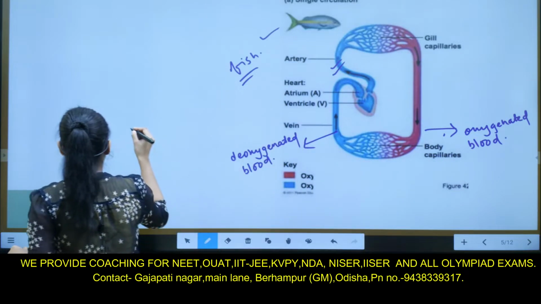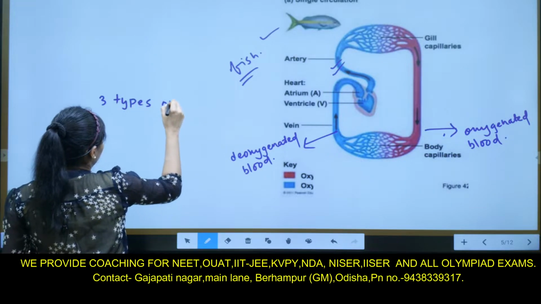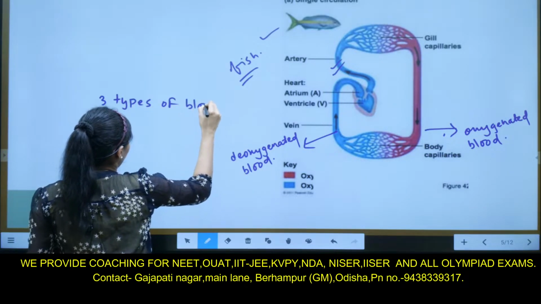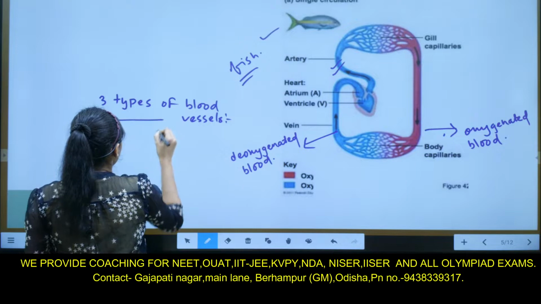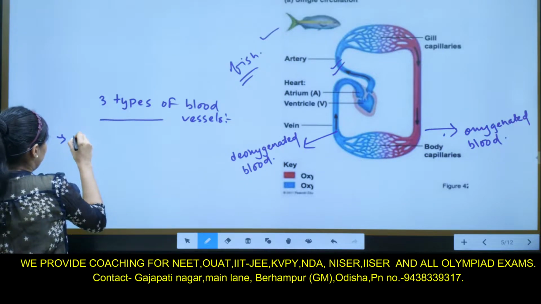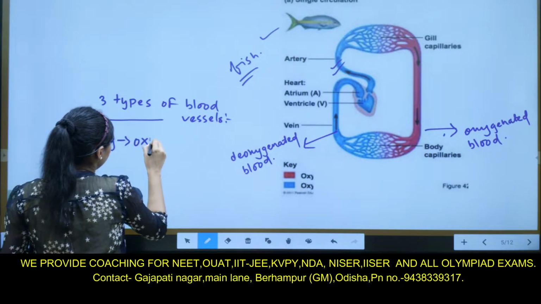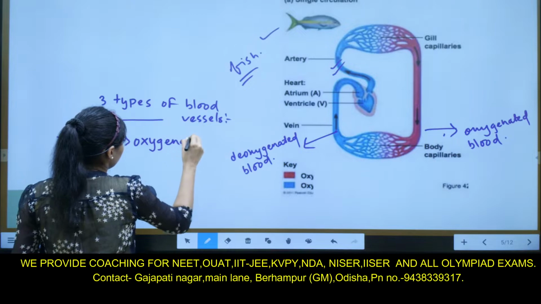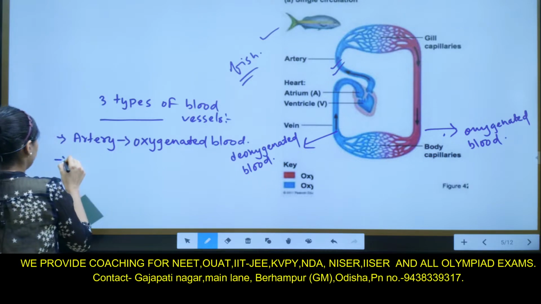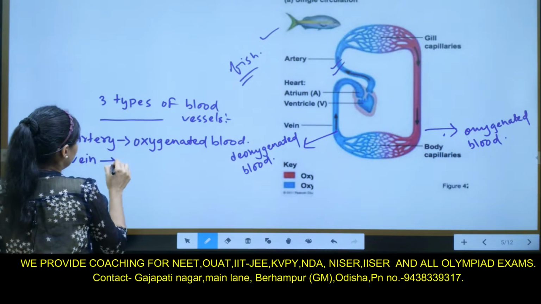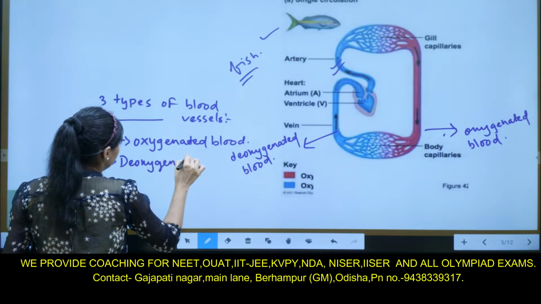So I told you that three types of blood vessels are there. First, the artery that carries oxygenated blood, and the vein that carries deoxygenated blood.